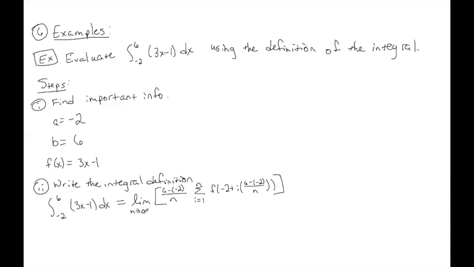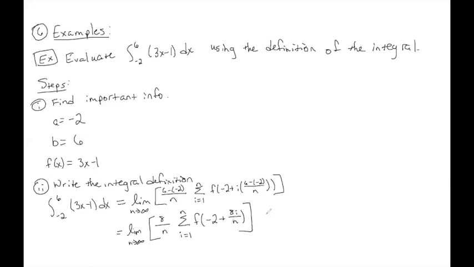Put that in big brackets. And we simplify. 6 minus -2 is 8. So I get 8 over n times the sum, I equals 1 to n, of f of -2 plus 8I over n.